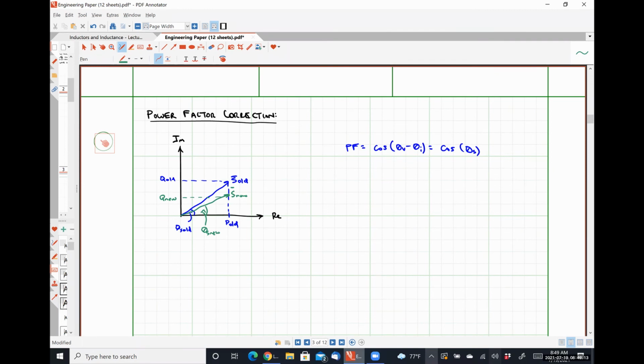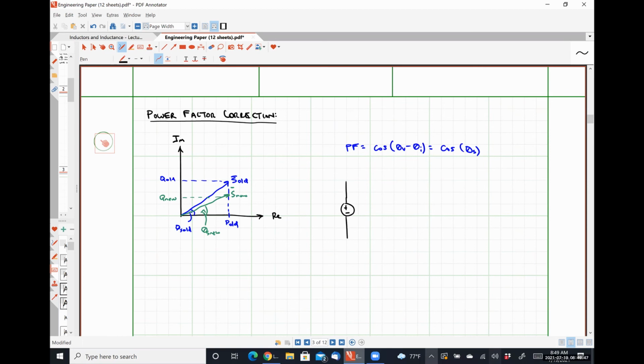So how can we accomplish such a feat? Maintaining the exact same average power while lowering the apparent power absorbed. The capacitor, exactly right, because capacitors supply complex power, or they absorb negative complex power, right? So right now, our load is something like this, just for the sake of argument.